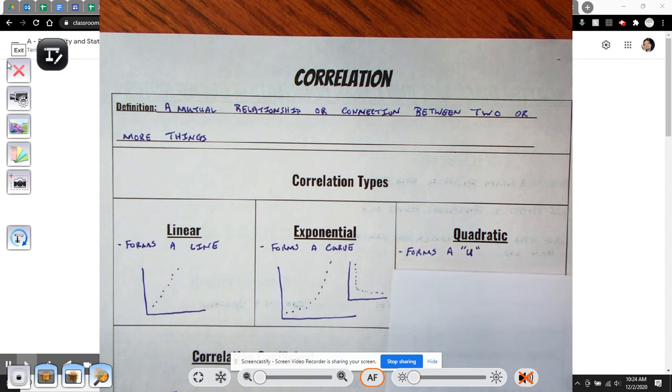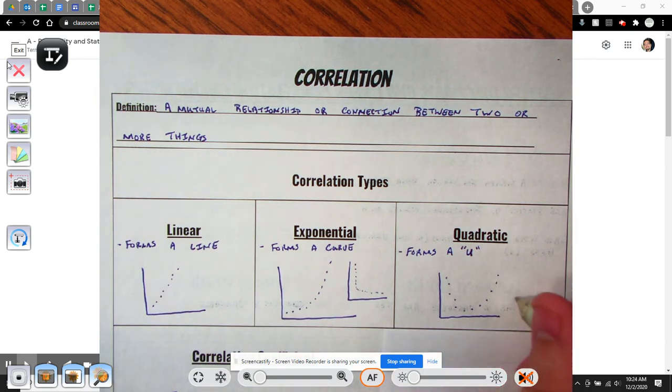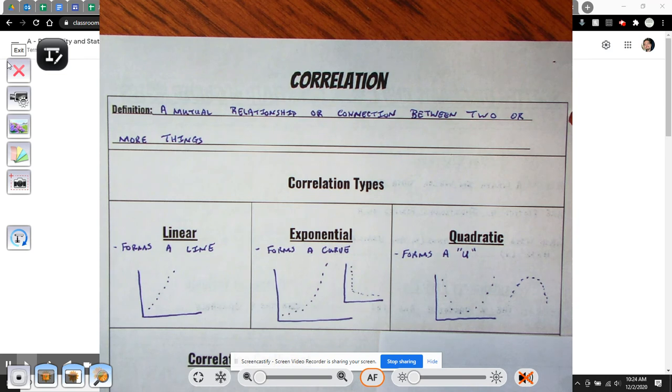And then quadratic forms a U. Could either look like that or an upside down one. All three of these words, linear, exponential, quadratic, we looked at in algebra. So the words shouldn't be new, but this is a refresher of what they could look like.